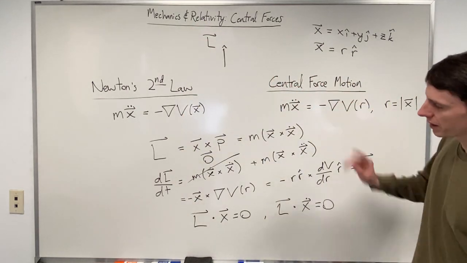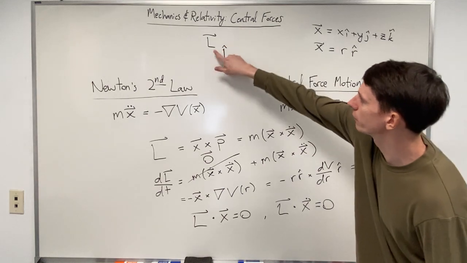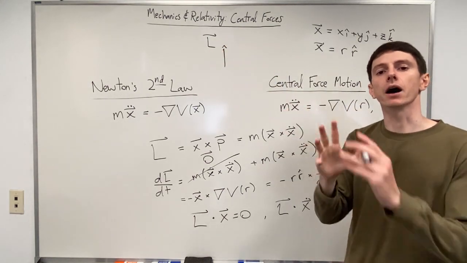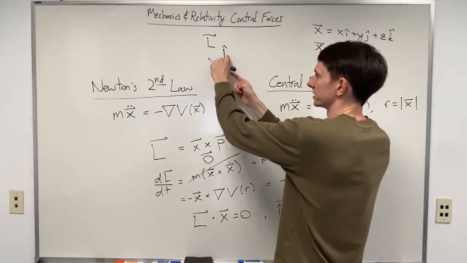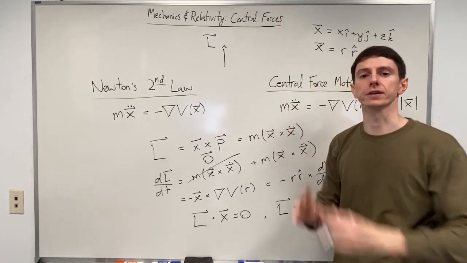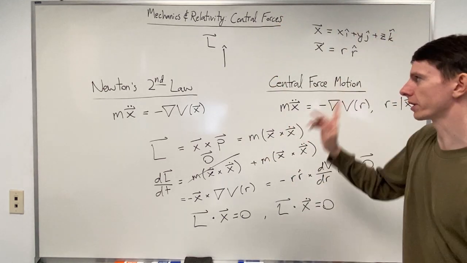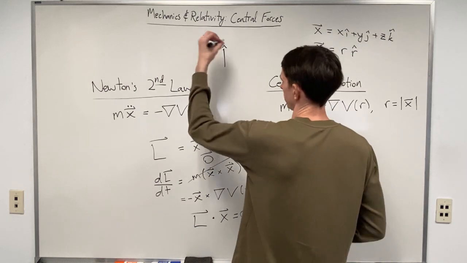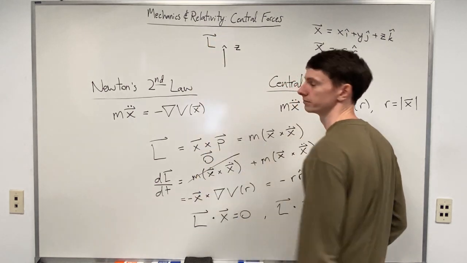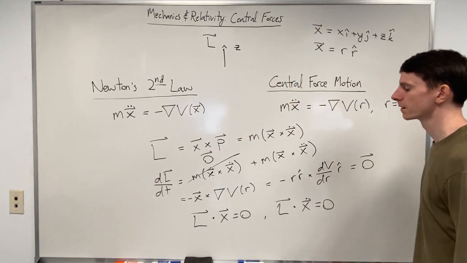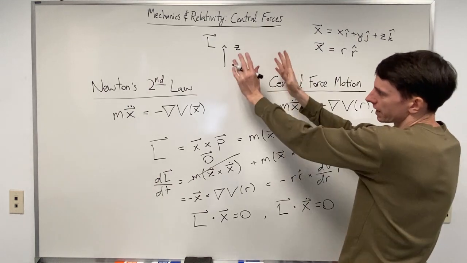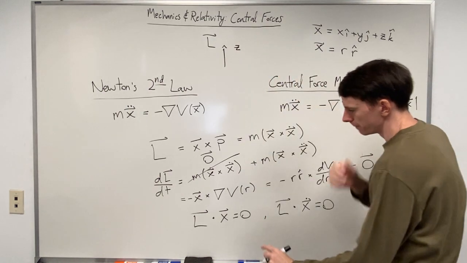If angular momentum is conserved, that means this L vector is fixed. It's not changing its magnitude, or the arrow is not moving in space. And because L is pointing directly up, let's just say that this is the z direction, for instance.